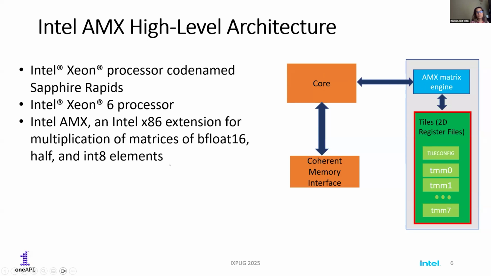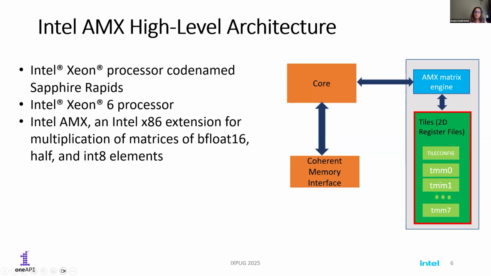With SYCL joint matrix, the data types are only the ones that the hardware supports. So we don't provide any fallback or emulation. We use the matrix hardware. On the picture here, I have the tiles, or the 2D registers that Intel AMX has.